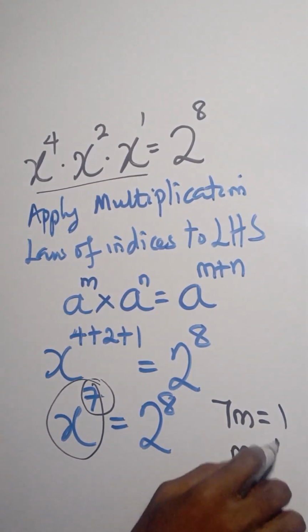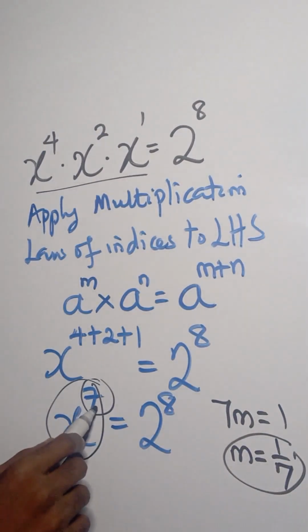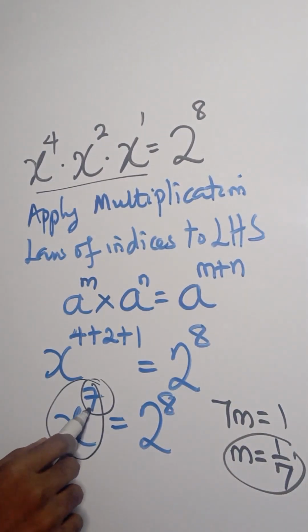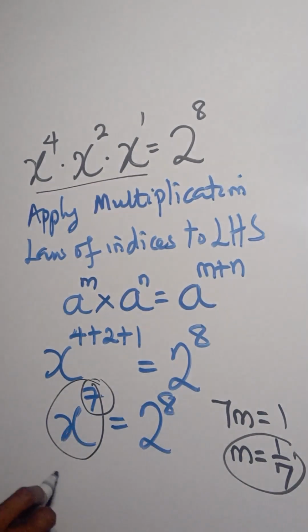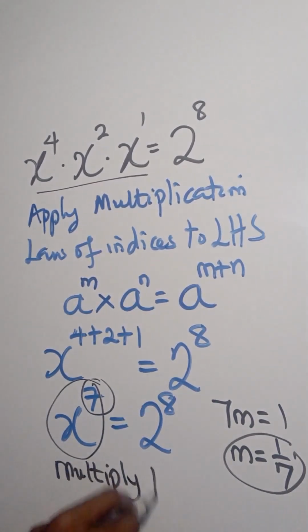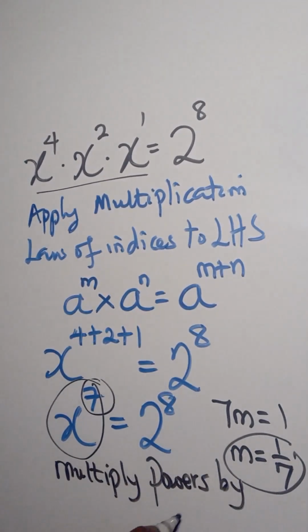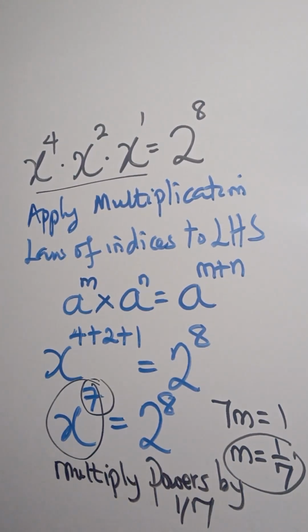We'll divide both sides by 7. So we have 1 over 7. So it means if I multiply this by 1 over 7, it will become 1. So we have to multiply powers by 1 over 7. So that's our next step.